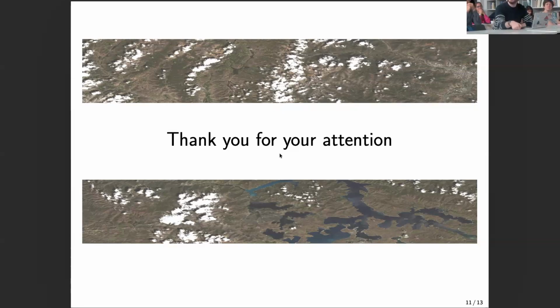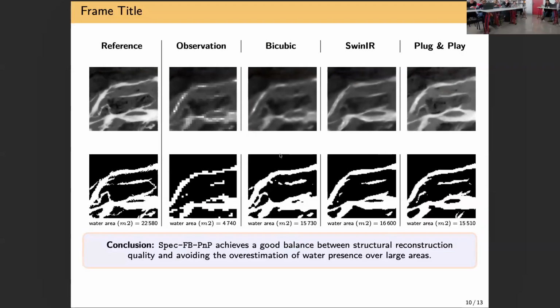If I understand the question well, the NDWI was calculated using the red band and the near infrared band. So we first need to recover a good reconstruction of those 2 bands jointly, and after that reconstruct the NDWI.